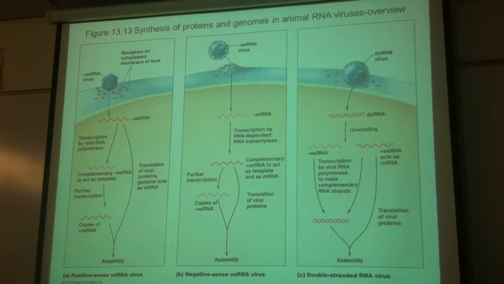Okay? Are viruses the only, I don't want to call them life forms, but the only entities in nature that have double-stranded RNA? No, we have double-stranded RNA. They're the only ones who might use that as their storehouse for genetic information, for the most part.